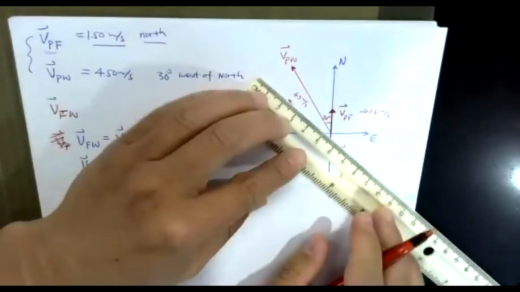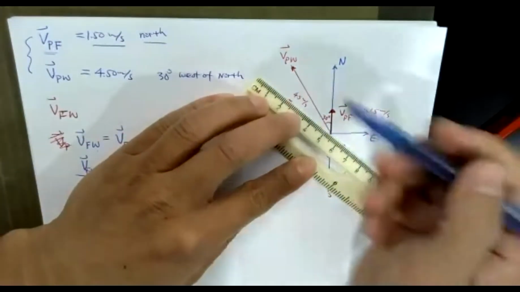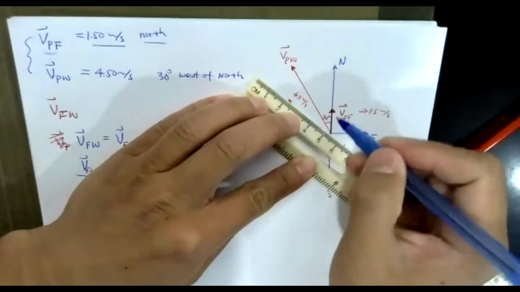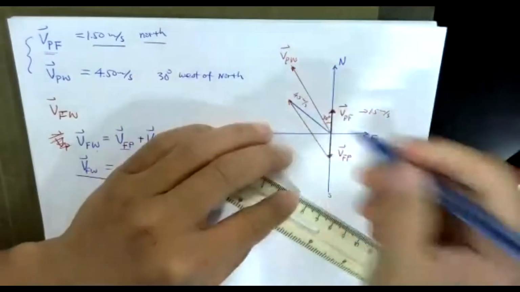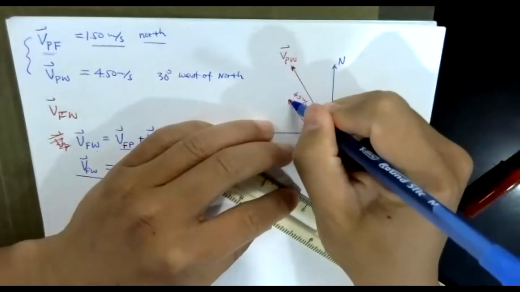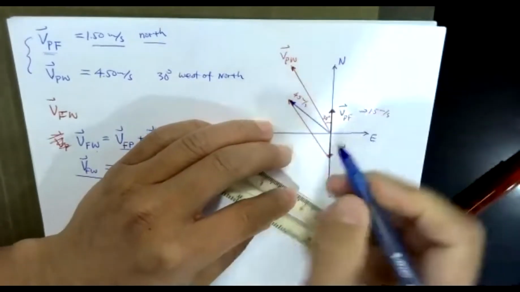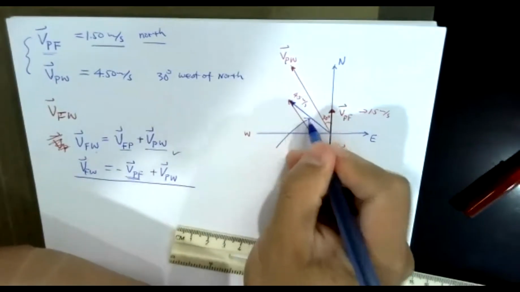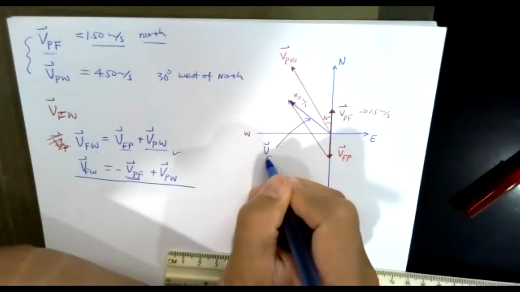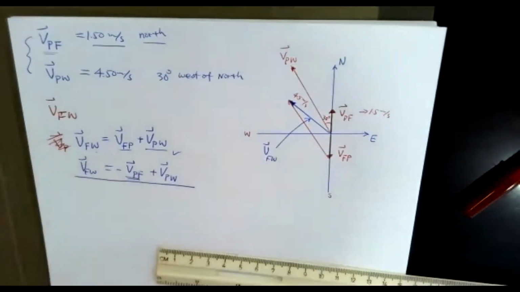So then your resultant should be this one. This will be your resultant vector of what you are looking for, the V of ferry with respect to water.